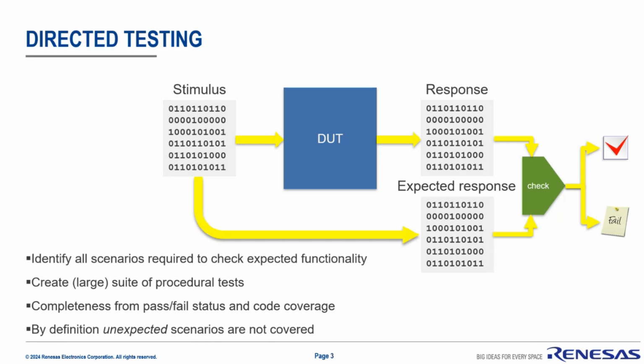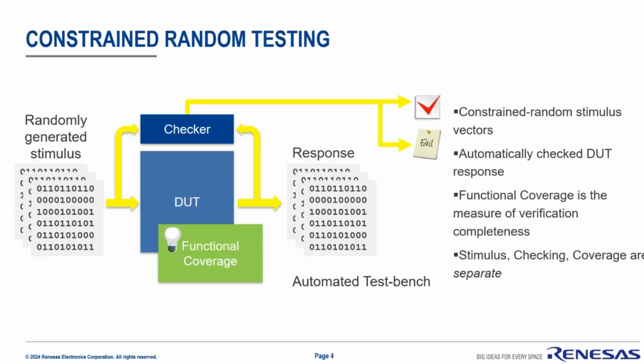So it relies upon you having a bunch of expected responses and a large suite of procedural tests. That sounds like a good methodology because it's quite easy to generate and follows your thought process. But what it's not doing, by definition, is looking at the unexpected behavior of the design under test. You're not exploring anything else. So you've got a very weak verification methodology.